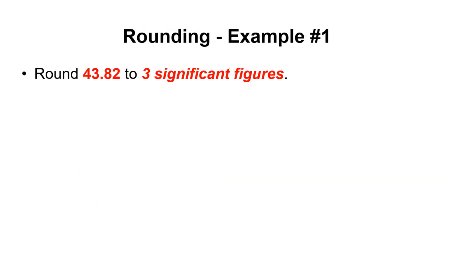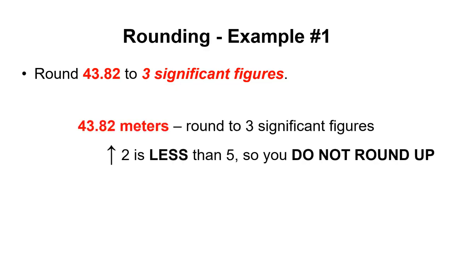Let's see. Round 43.82 to 3 significant figures. You'll see that 43.82 is to how many significant figures? It is to 4 significant figures. So let's round it to 3 significant figures. 43.82 rounded to 3 significant figures.